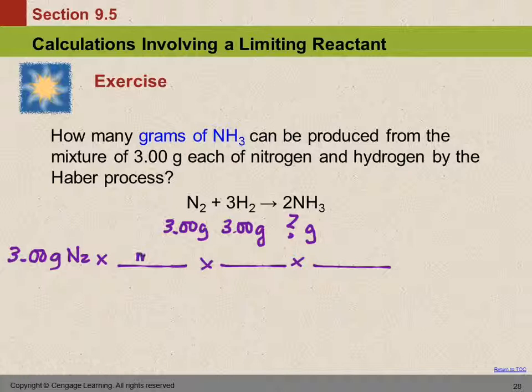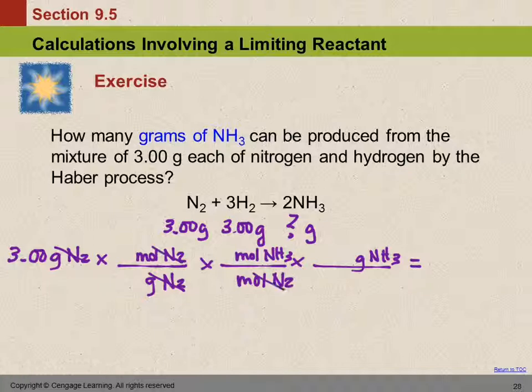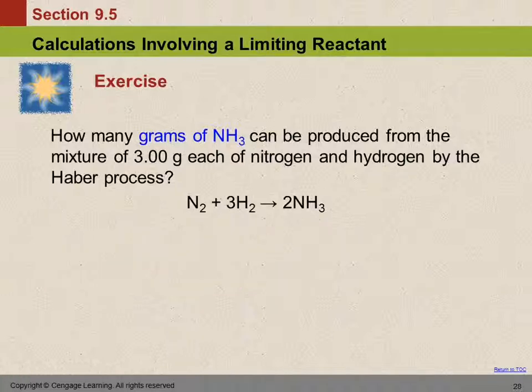Grams of nitrogen to moles of nitrogen. To moles of what we're trying to find, to grams of what we're finding. We're going to divide by grams of nitrogen, so those units cancel out. Divide by moles of nitrogen, so the units cancel out. Divide by moles of ammonia, so the units cancel out.